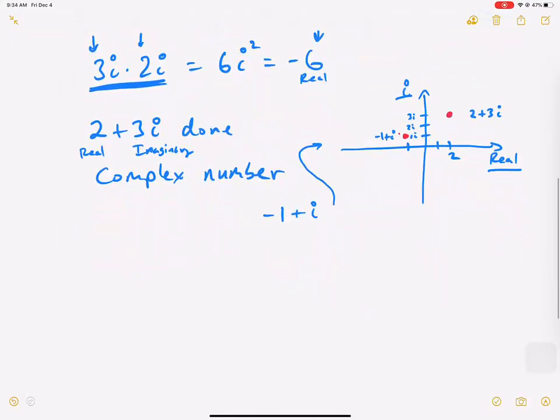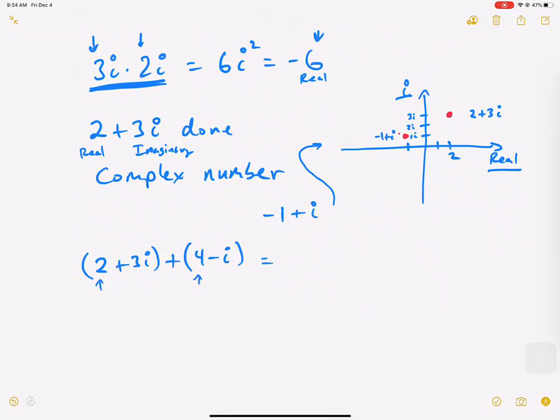Now let me give you guys a problem. If I say 2 plus 3i plus 4 minus i. You worked on this in your homework. So we're going to combine like terms, essentially just like x's. We treat these just like x's. I have 2 and 4.